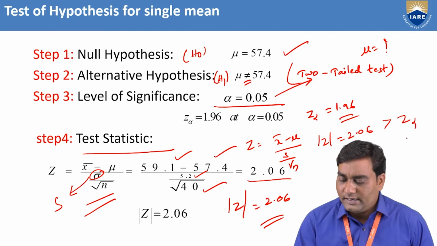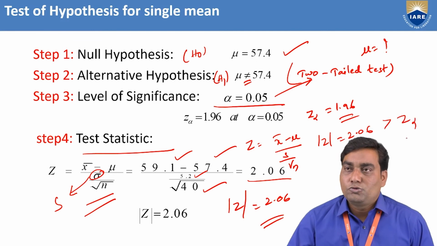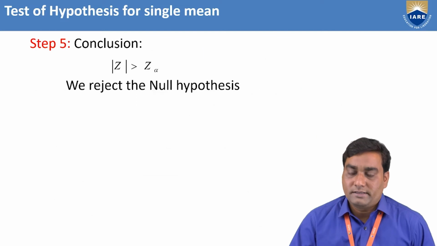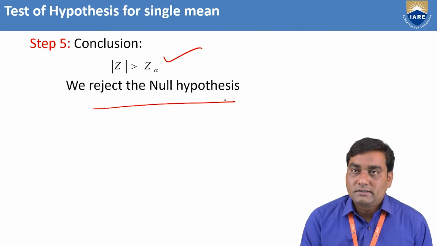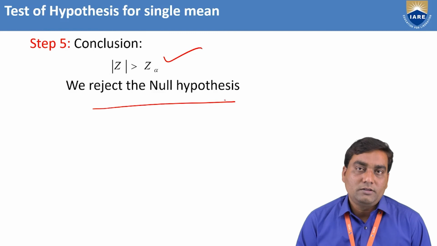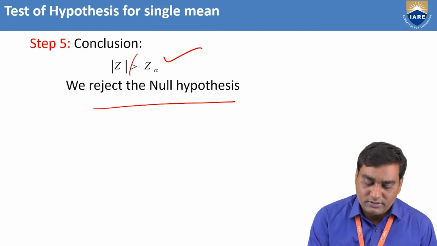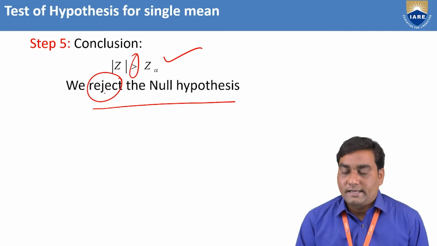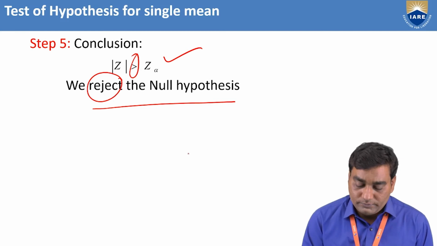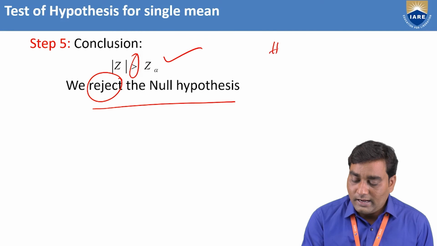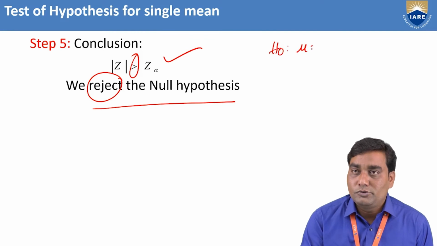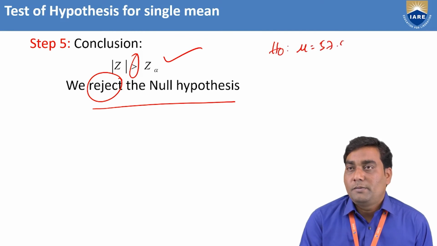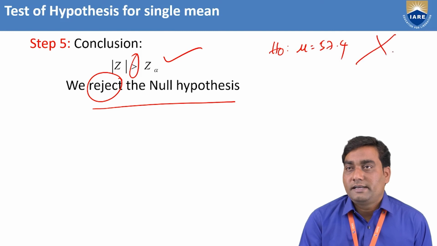This value is greater than z alpha because 2.06 is greater than 1.96. So we reject the null hypothesis according to the procedure of test of hypothesis, because greater than means reject, less than means accept. What are we going to reject? The null hypothesis, mu equal to 57.4.